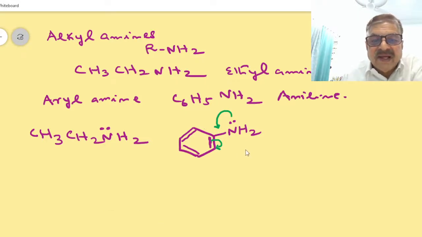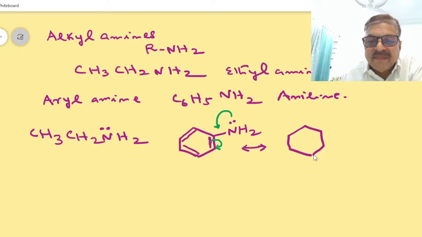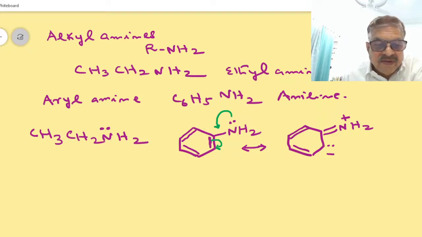Now, another delocalization, resonance delocalization we can see is exactly like a phenol only. NH2 plus. Now here, this electron pair, it will go.